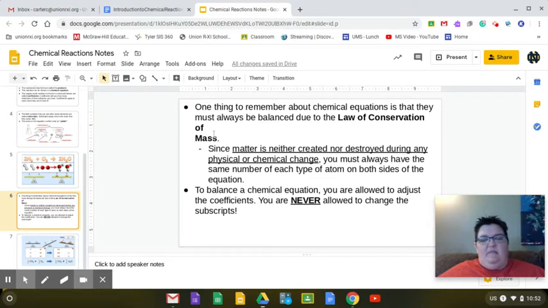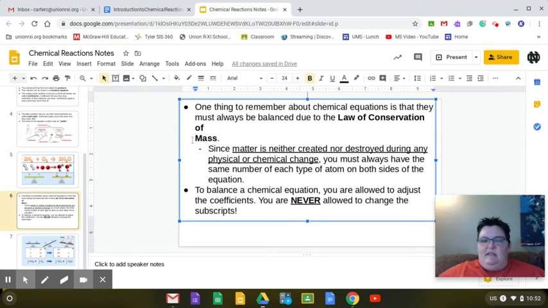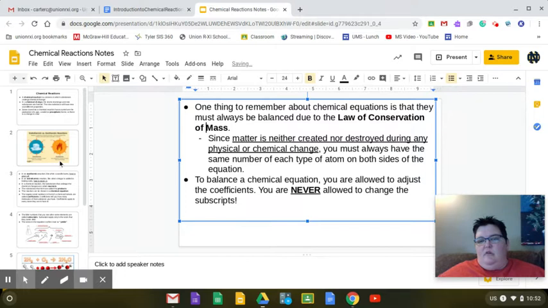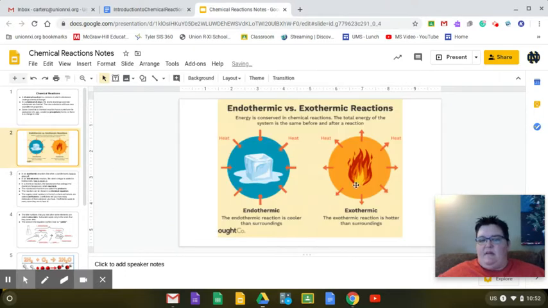Basically what that means is that matter or mass itself cannot be created or destroyed. Matter is neither created nor destroyed during any physical or chemical change.